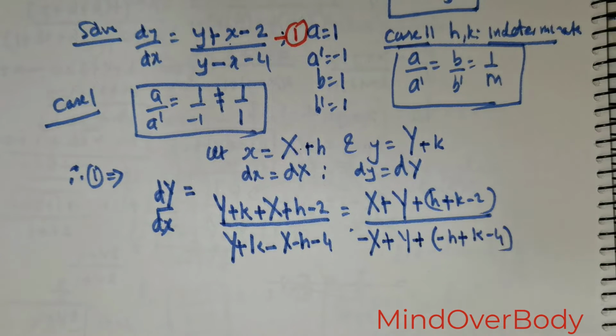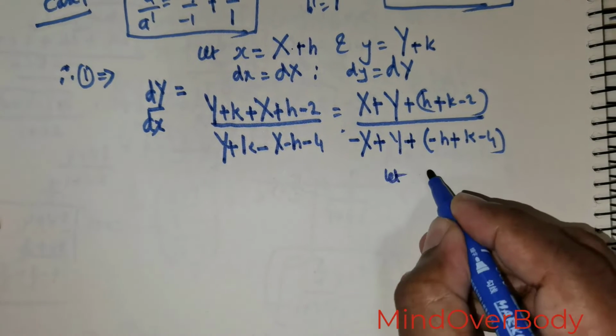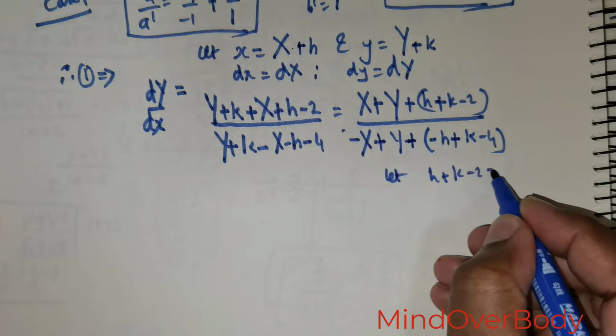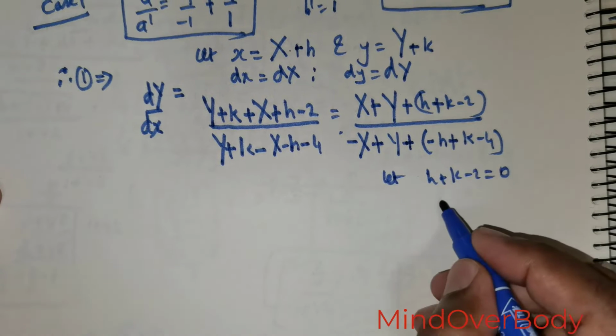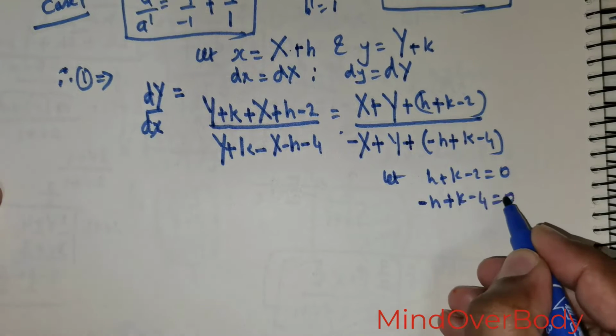So this is what I've got. Now what I wish to do is take h plus k negative 2 to be equal to 0, and negative h plus k negative 4 is equal to 0.